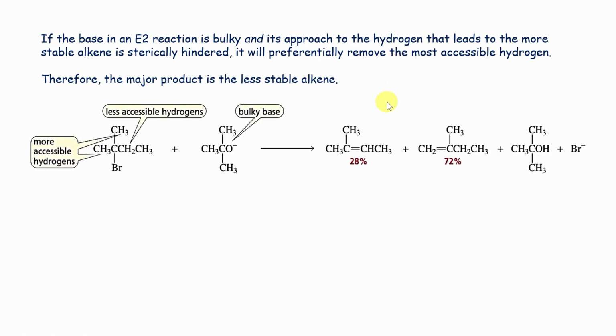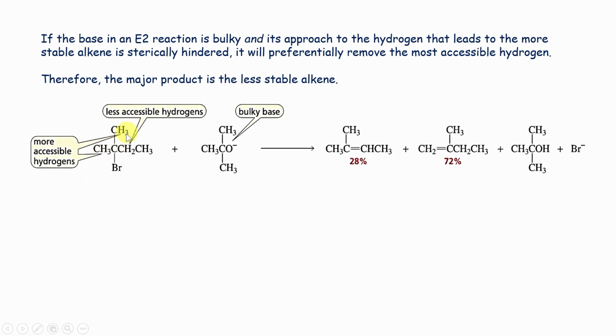For example, see this example. Tertiary butoxide is a bulky base. When it approaches this bulky alkyl halide, it approaches only the more accessible hydrogen.